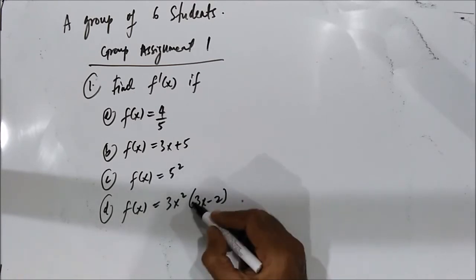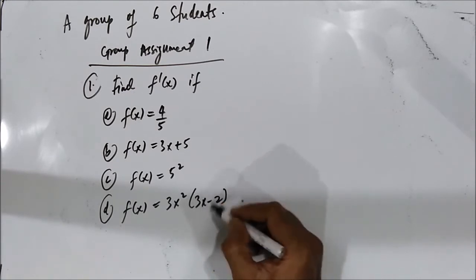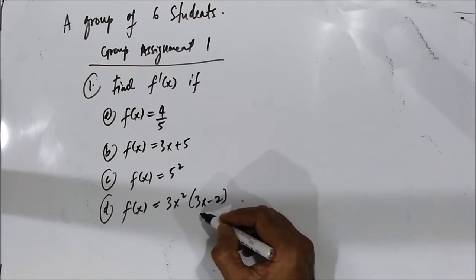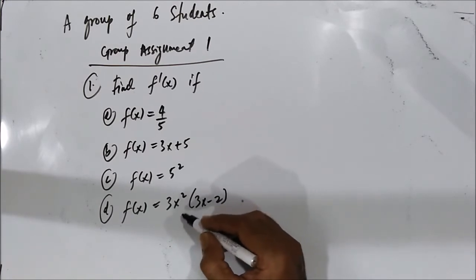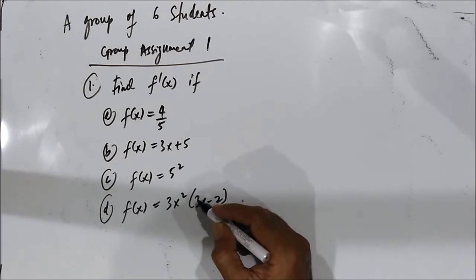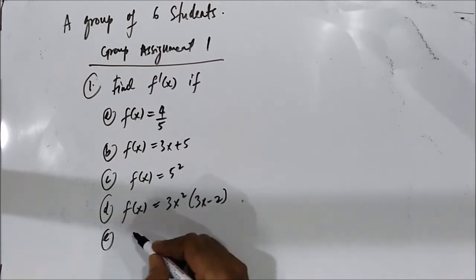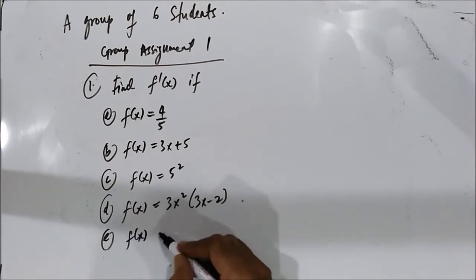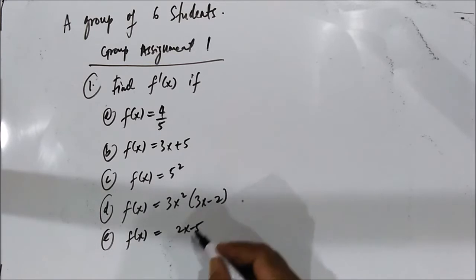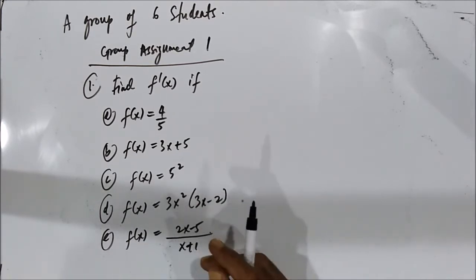This you can use the product rule, or you can expand this bracket. E, f(x) equal to 2x minus 5 over x plus 1.